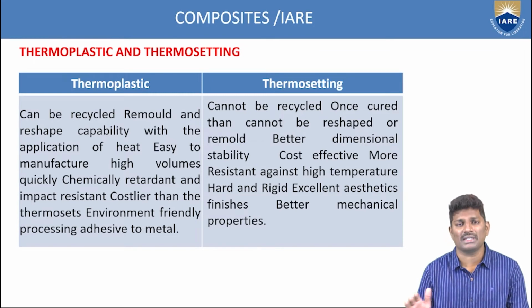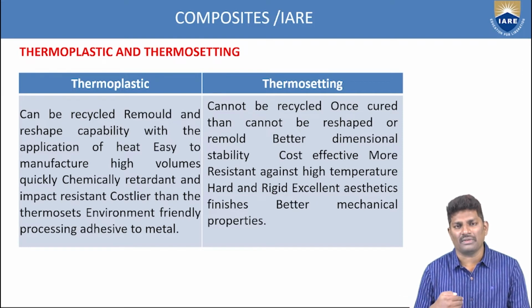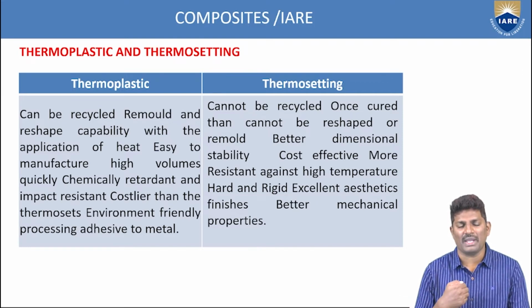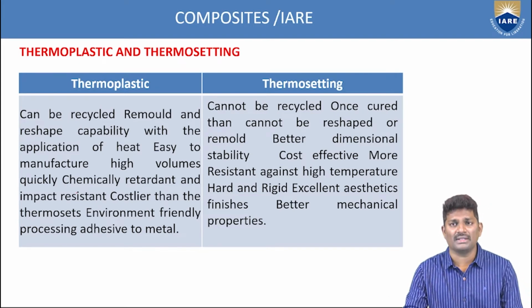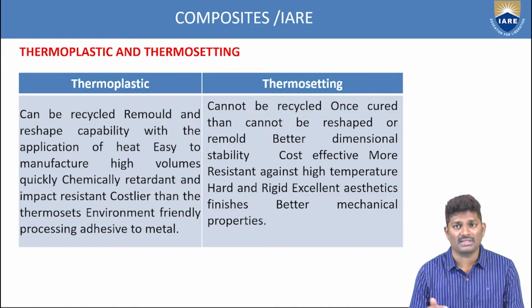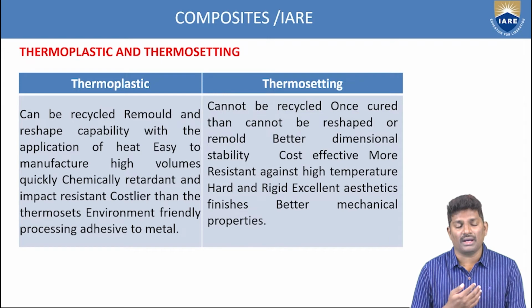But coming to the thermosetting, since we are doing only the chemical bonding, we cannot again do the recycling or reshaping of the object we have made. So in the thermoplastic, the main advantage is the remolding or reshaping capability with the application of heat. And they are chemical resistant and impact resistant, and it is closer to environmentally friendly, with processing by adhesive to the metal.